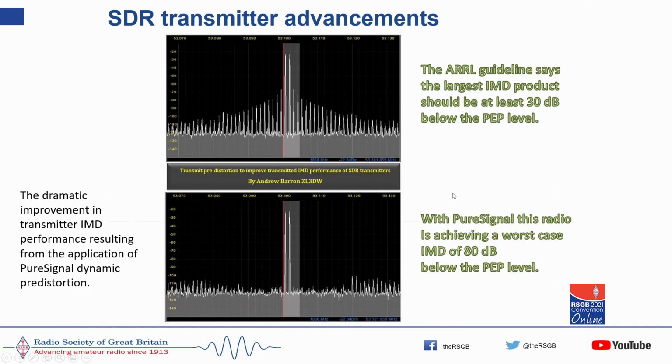The ARRL guideline says that the largest intermodulation peak, which is that one there, should be at least 30 dB down below the PEP level, which is the top of the screen. With pure signal, this particular radio, my N100, is achieving 80 dB down below the PEP level.